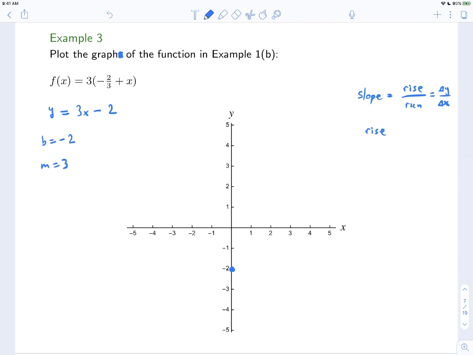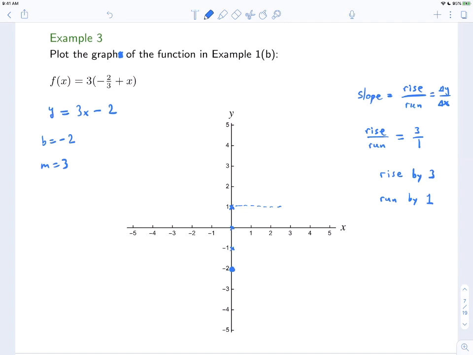In this case, the slope is 3, so that's going to be 3 over 1. So that tells me to rise by 3 and run by 1. So rise by 3 means we go up 3 units. So 1, 2, 3. And then we want to run 1 unit.